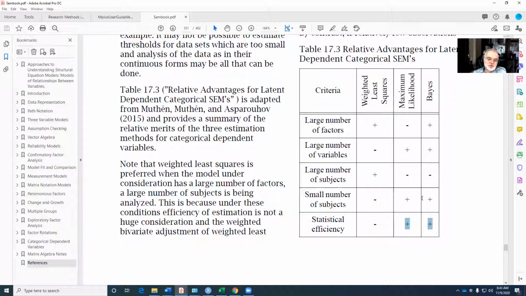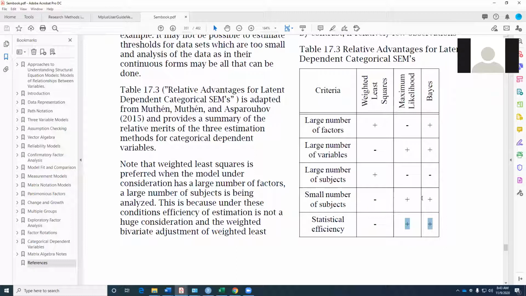And weighted least squares comes out and calculates that correlation matrix for you. And as such, it only has to work with that correlation matrix. So if you have hundreds of thousands of people, it's better.